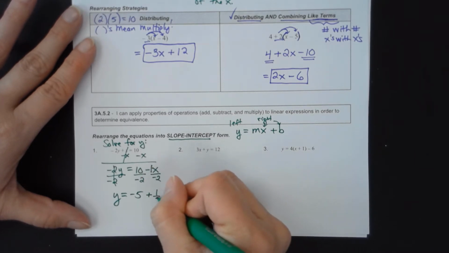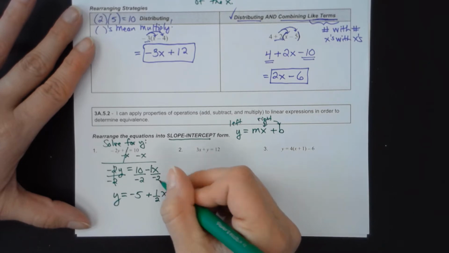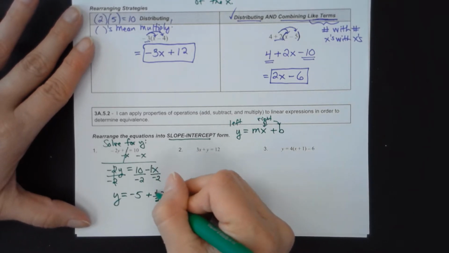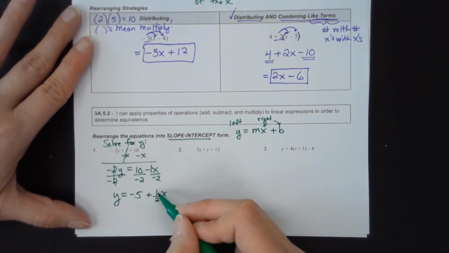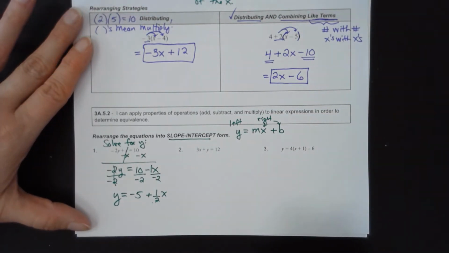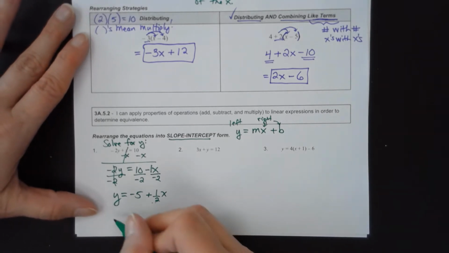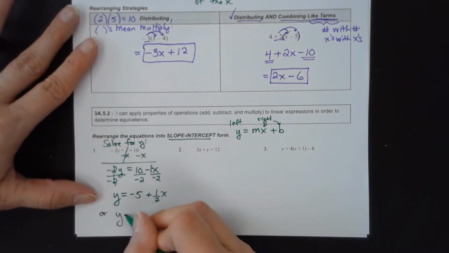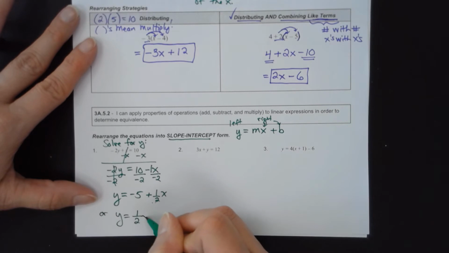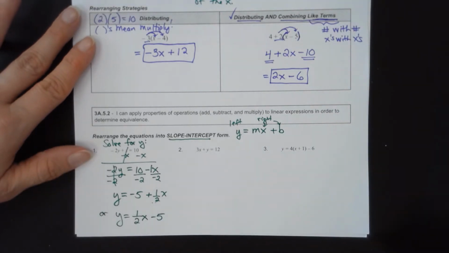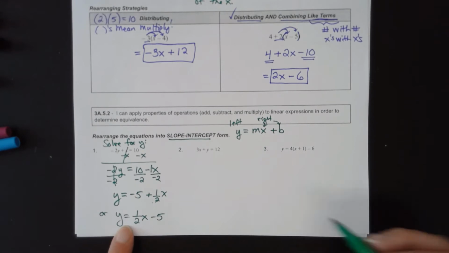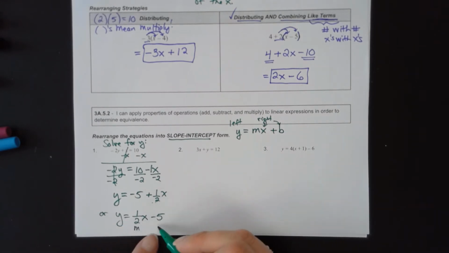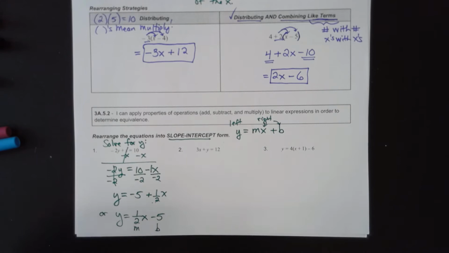I'm going to write 1/2 x, x divided by 2, or I could put the 1 there and put the x next to it, 1x divided by 2, because now that's the m. You could leave your answer like that, or you can write your answer like this, 1/2 x minus 5. They're both correct because it's y equals, and then the m is a half, and the starting point, your y-intercept, negative 5.